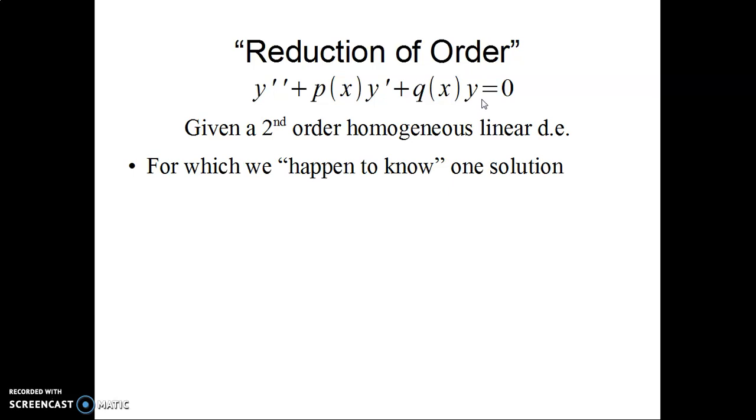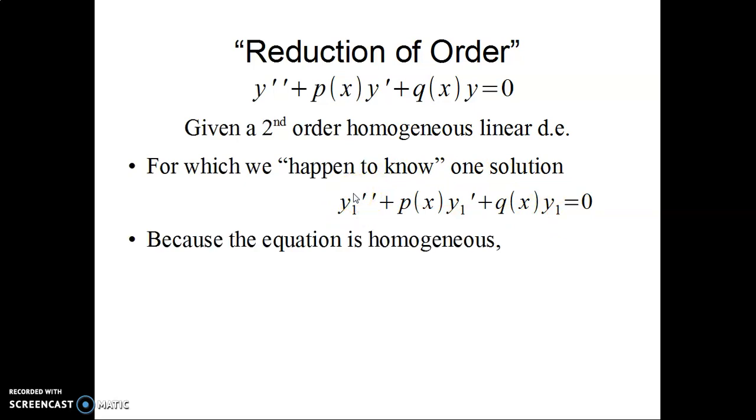If we happen to know one solution, and sometimes there is one solution that's easy to get, or if you're in a class, maybe somebody tells you one solution, that would be a solution y1 that works in the equation. Because the equation's homogeneous, and because the product rule works for differentiation, you'll see, I think, why that's important in the next couple of slides.